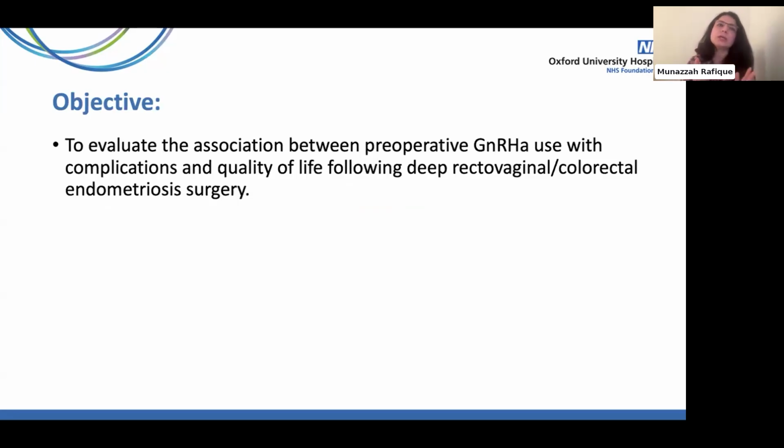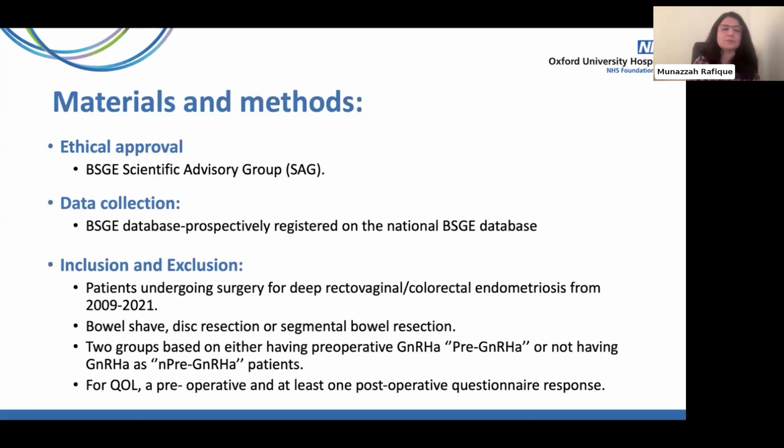So basically, we were looking at the surgical outcome for those patients who had surgery for deep endometriosis and had received preoperative GnRH. How we did that: we took SAG approval, which is the Scientific Advisory Group of BSGE, and all the data is collected prospectively on this national, in fact international, BSGE database. All the patients who had surgery for deep rectovaginal or colorectal endometriosis from 2009 to 2021 were included. All the patients had pararectal dissection, and the procedure was done either by shaving, disc resection, or segmental bowel resection.